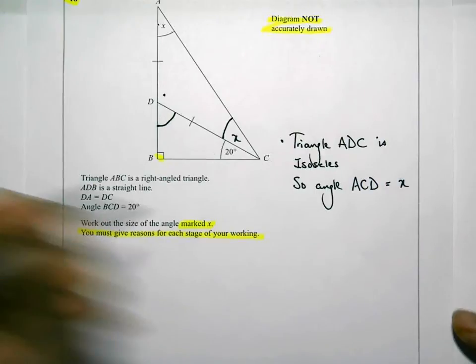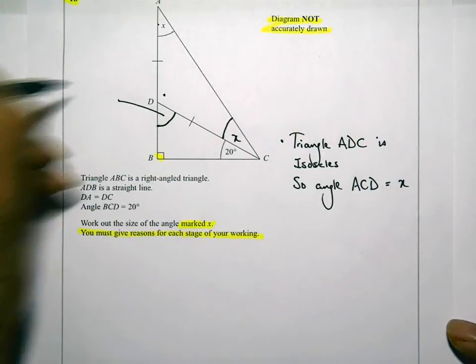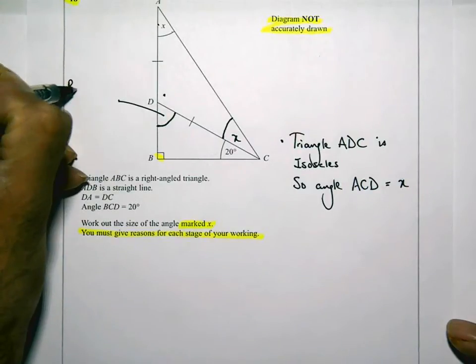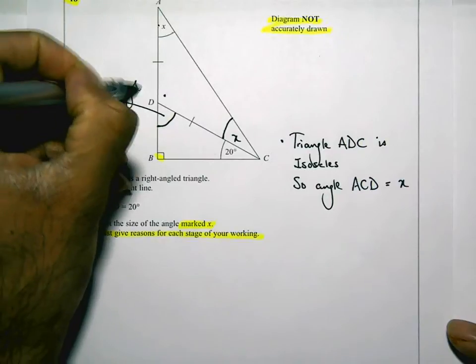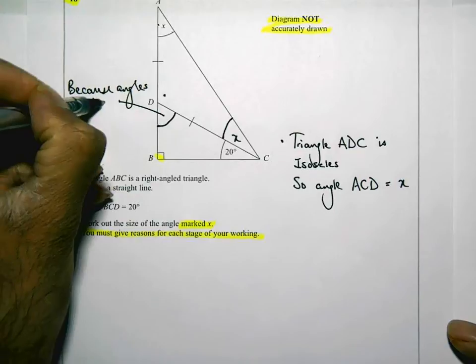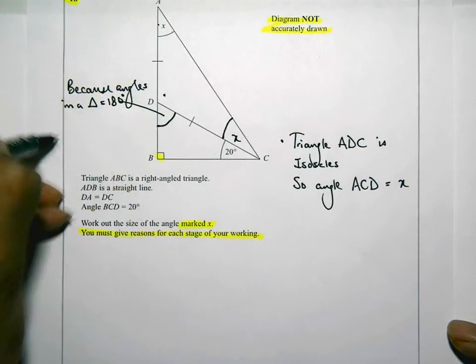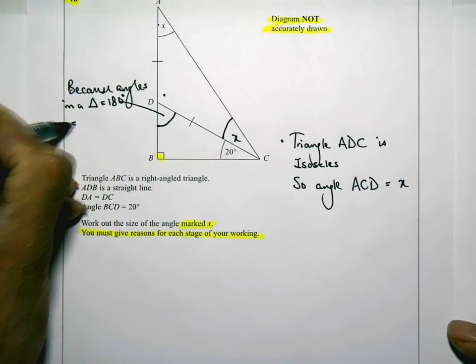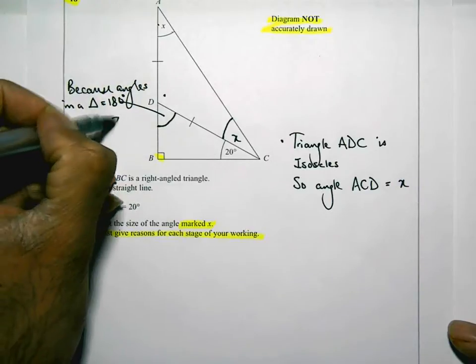Because angles in a triangle equal 180 degrees, this angle here is equal to 180 take away 70 degrees. Now how did I get 70?